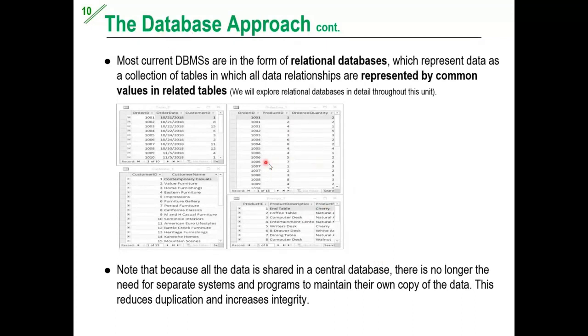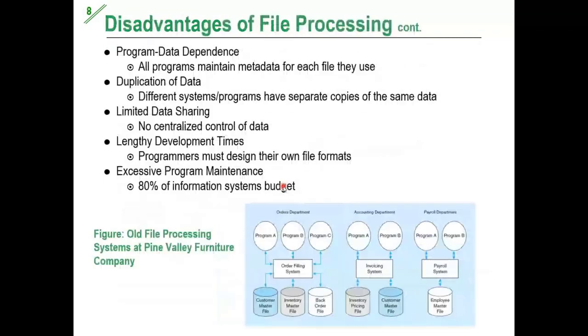Now, in a traditional file processing system, if you keep the information separately, this kind of approach is very difficult, isn't it? We would have to have a separate relational system for each and every system.